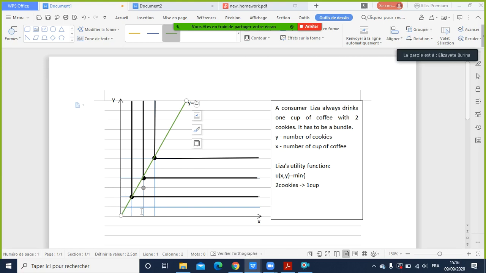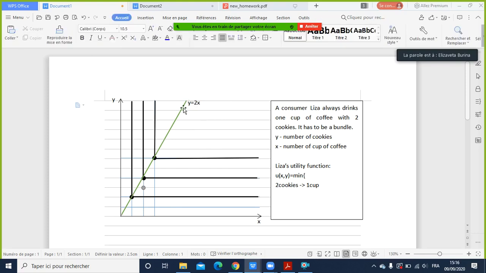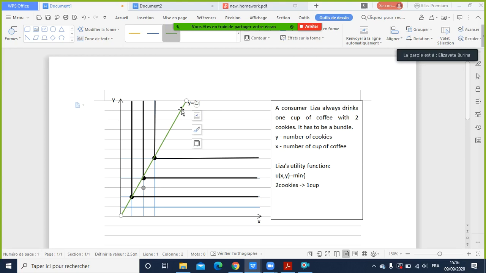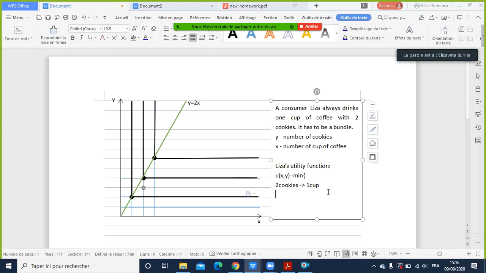So you should not think this way. You should just plot the dots, all right? So just plot them and see what's happening. What's happening here is that this line that will provide origins for all our L curves is y equals 2x. Okay, so y equals 2x.